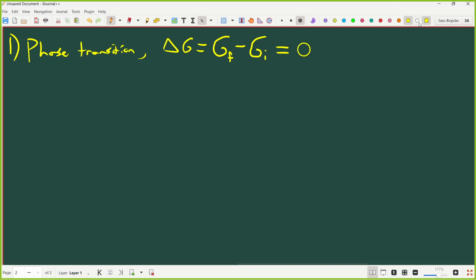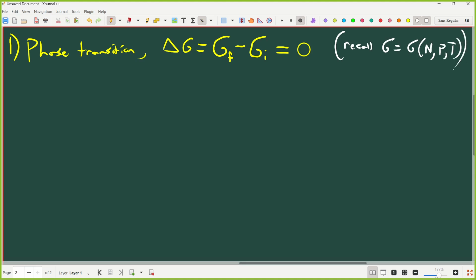Remember that G is a function of our chemical ensemble, M, P, T. Right? Those are the parameters we care about in chemistry.